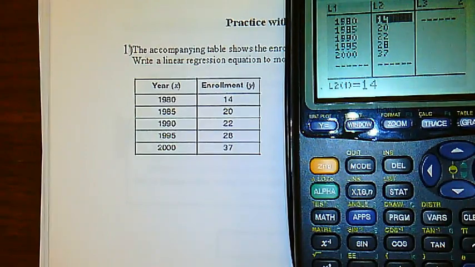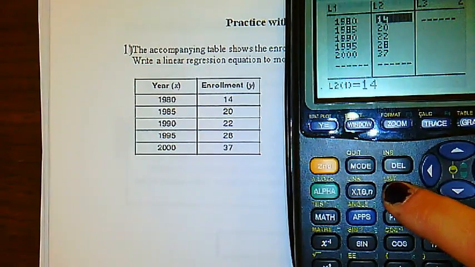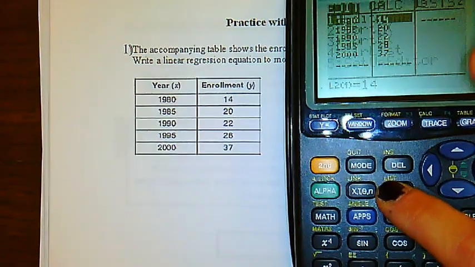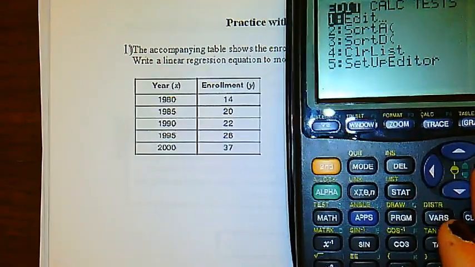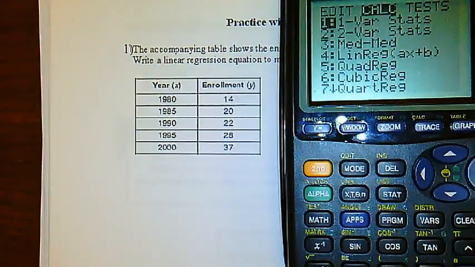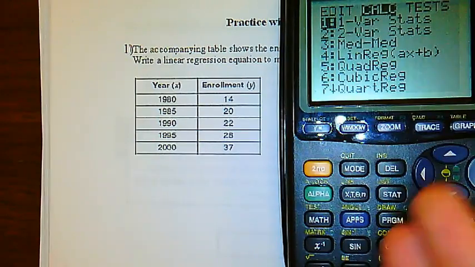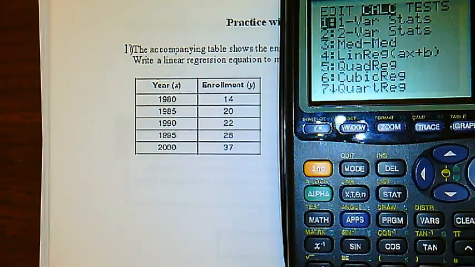So now you are going to hit your stat button again and go over to calc. Whenever you need information, you're always going to calculate. So edit gets you all of your information in, and the calc gets you to calculate something. The one variable statistics is what we did when we found mean, median, mode, all those central tendencies.